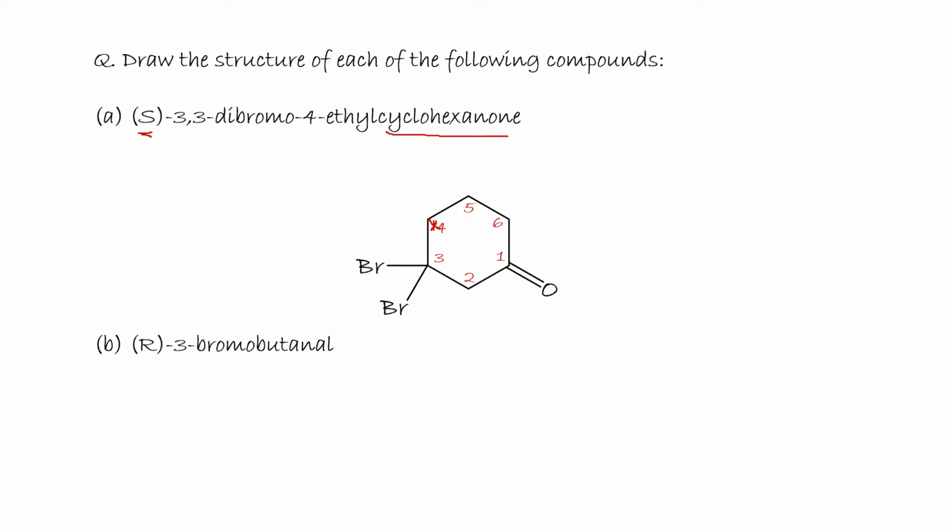So we have here hydrogen, put it in the back, and then we put the ethyl and see what's the configuration of this one. The configuration will be, this is the priority number 1, this is number 2, and this is number 3. So it's S. So that's the structure.